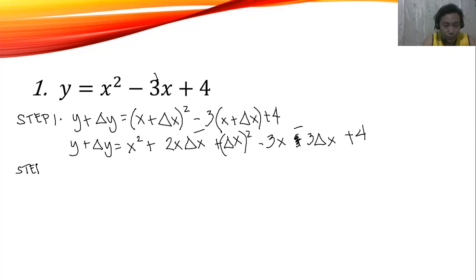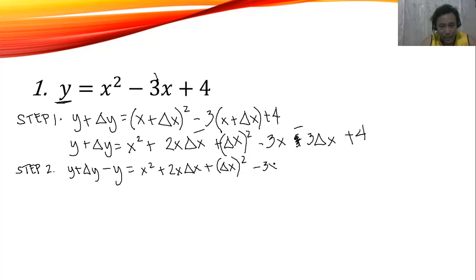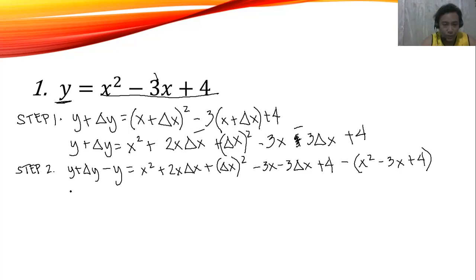For step 2, copy y plus delta y, and then subtract y, equals, copy this: x squared plus 2x delta x plus delta x squared minus 3x minus 3 delta x plus 4, minus the whole thing: x squared minus 3x plus 4. So y minus y is equal to 0, so that disappears. Here we are left with delta y.